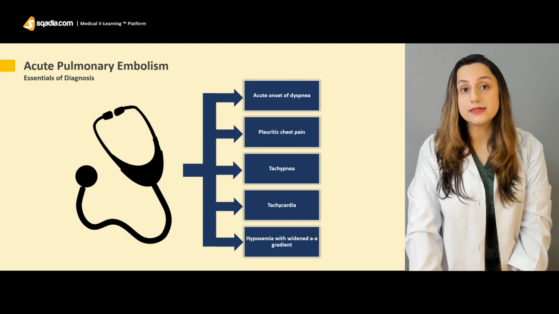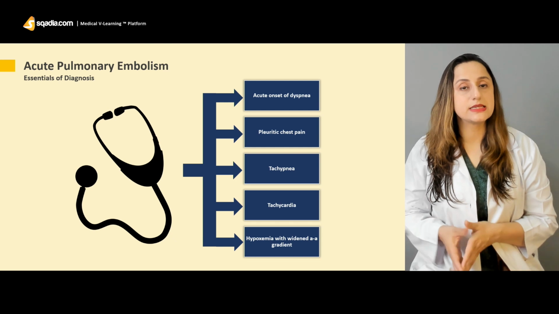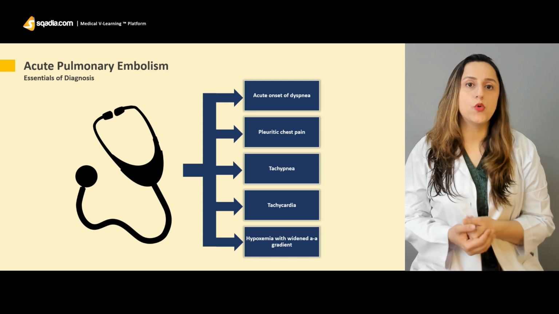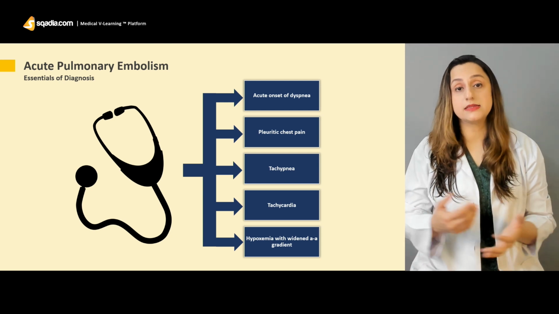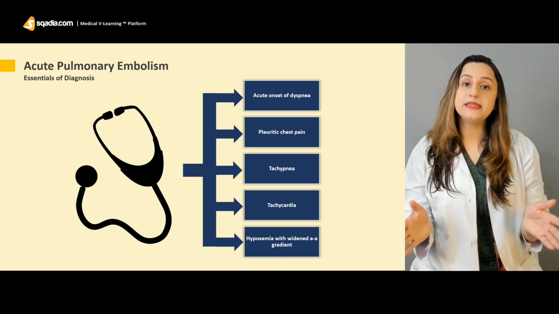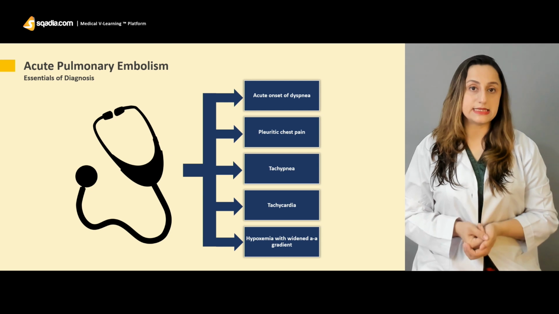On the other hand, the history of chronic obstructive pulmonary diseases would reveal that the condition developed over a period of months, and it can even prevail over a period of years.